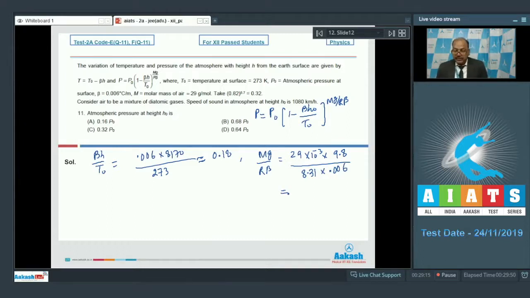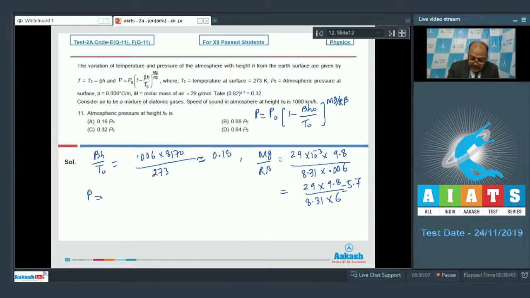Again, calculations involved. This is equal to 29 into 9.8 divided by 8.31 into 6. And this value is very close to 5.7 on calculation.